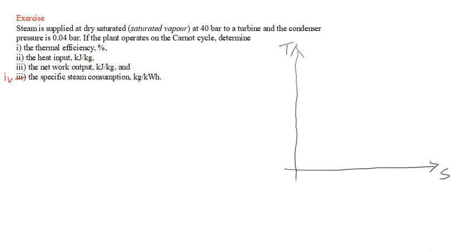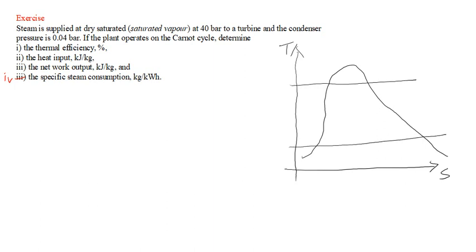Our saturation line, and then we have our two pressures, one representing the boiler pressure, the high pressure, and another representing the low pressure, which is the condenser pressure.